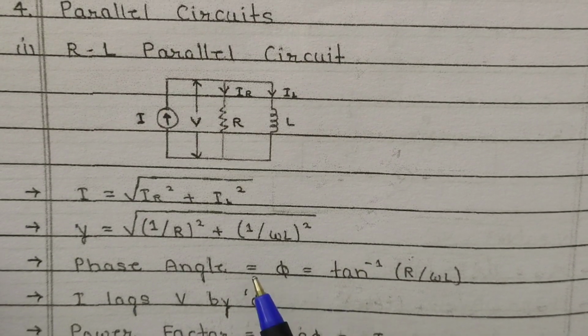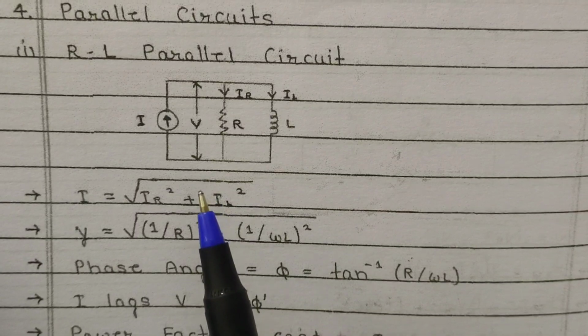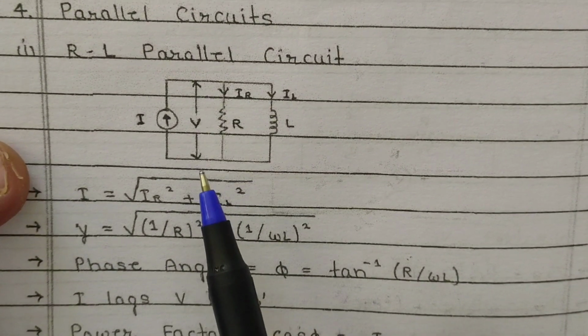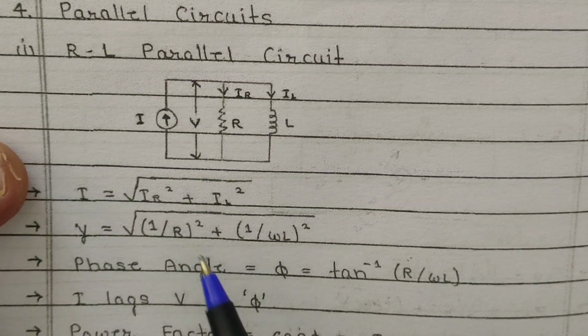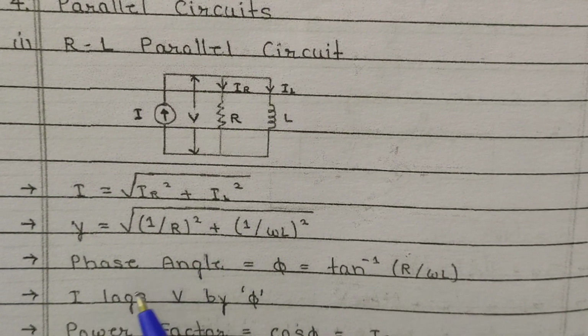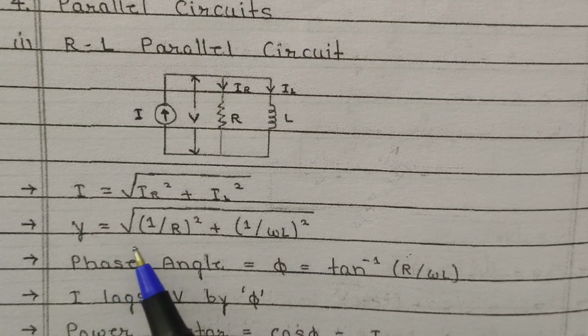Now we will see about the parallel RL circuit. Resistor and inductor are kept in parallel with the current source. Voltage will be the same for the parallel circuit. Here I is equal to under root of IR square plus IL square. Here impedance is replaced by admittance in parallel circuit.